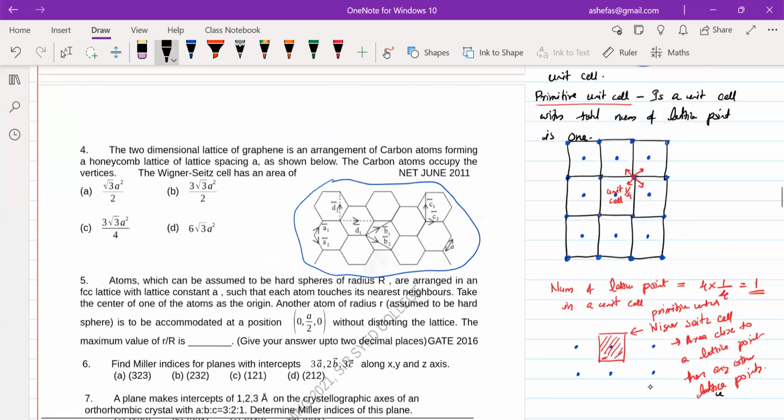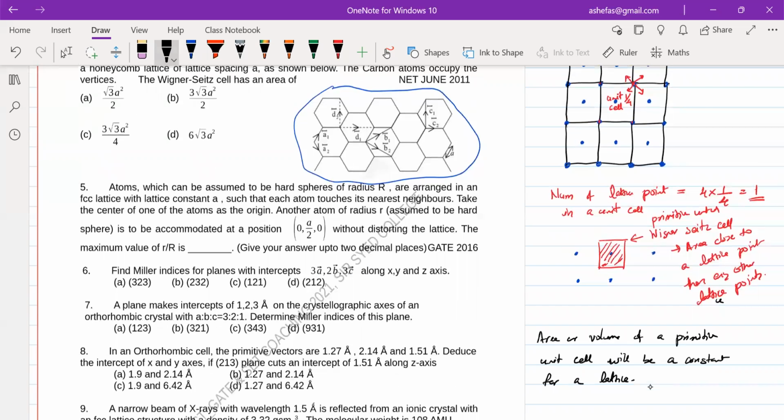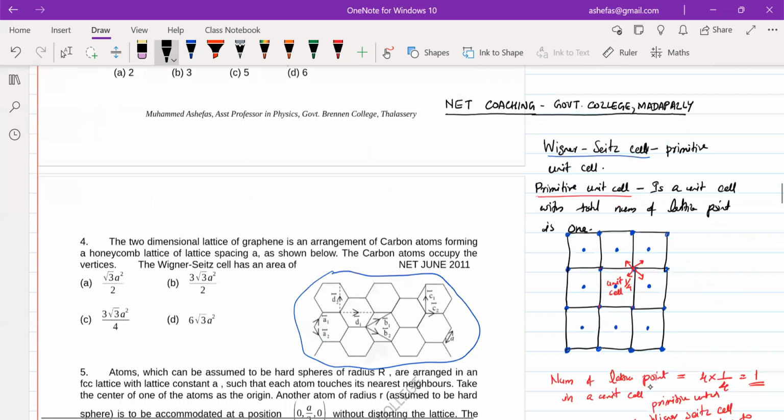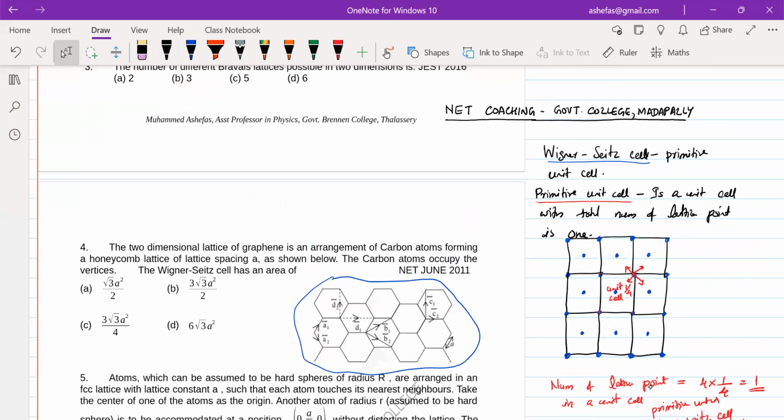Okay, so for a particular lattice, the area or volume of a primitive unit cell will be a constant. So whatever be the shape of the primitive unit cell, the area would remain the same. Whether you take the Wigner-Seitz cell or a primitive unit cell in some other shape, it should have the same area or the same volume.